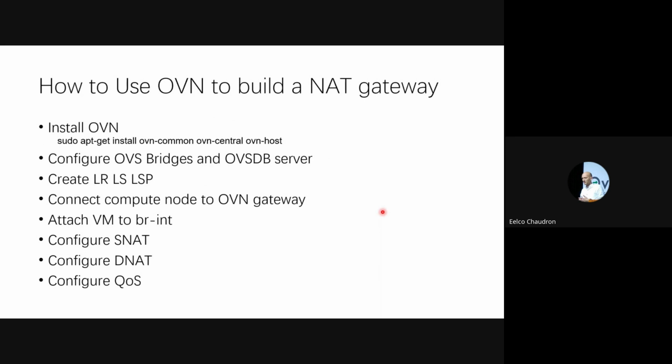Here, I teach you to build a NAT gateway step by step. Of course, you need to have a machine for this. It can access the internet. At first, you need to install OVN packages, OVN Central and OVN Host.